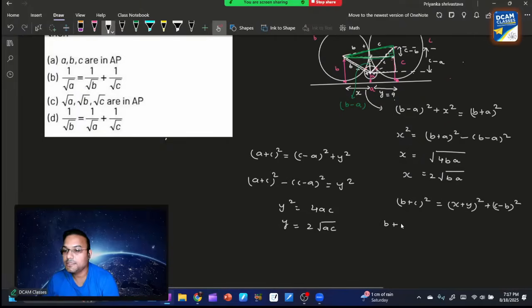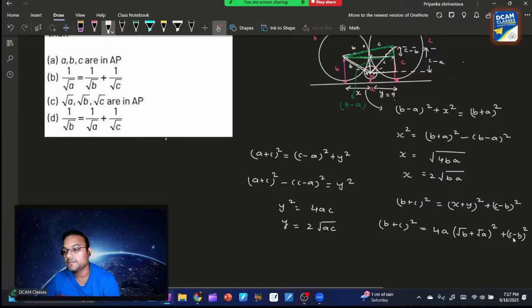Now what is X? This 2 we take outside, so it will become 4, root A again we can take outside, so it will become A. Root B plus root A whole square plus C minus B whole square we are getting.